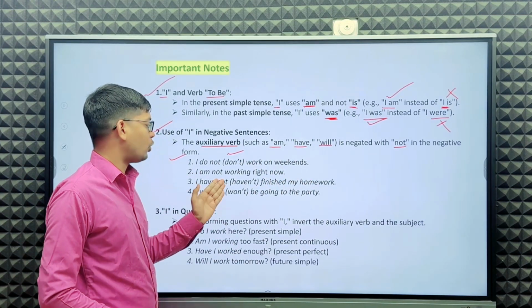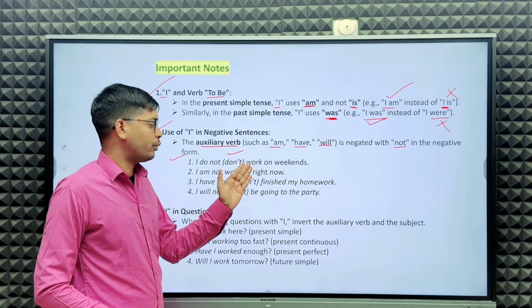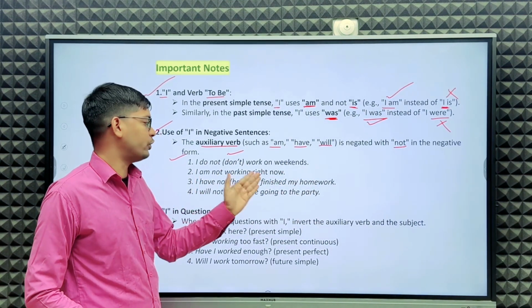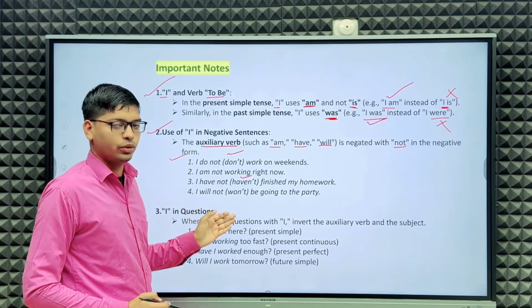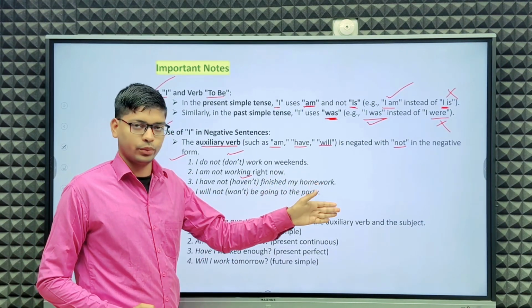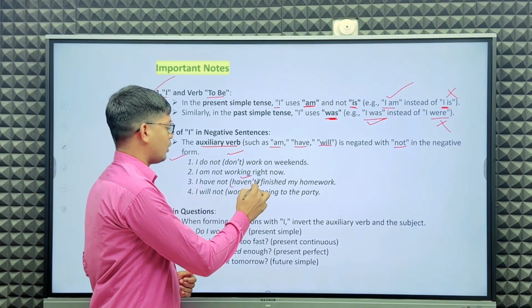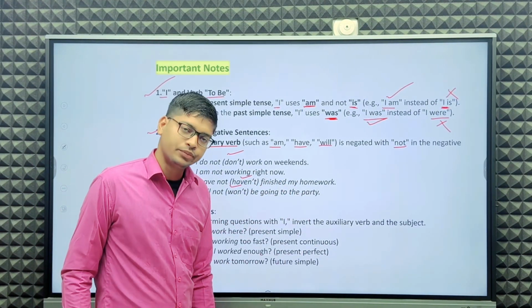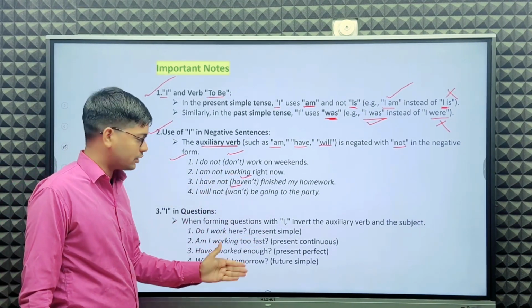I am not working right now. I have not finished my homework. You can say haven't. I will not be going to the party. You can say I won't be going to the party.